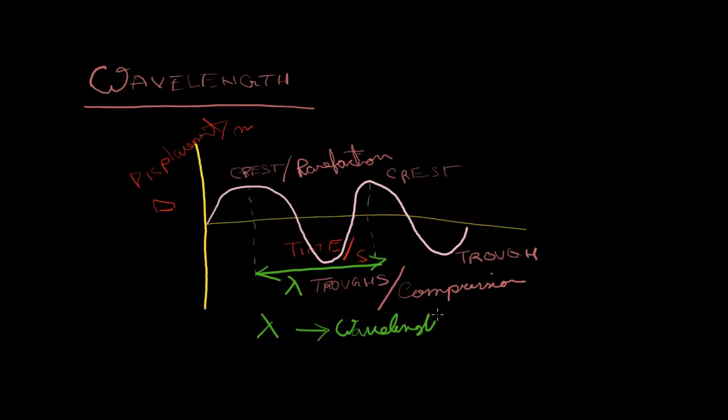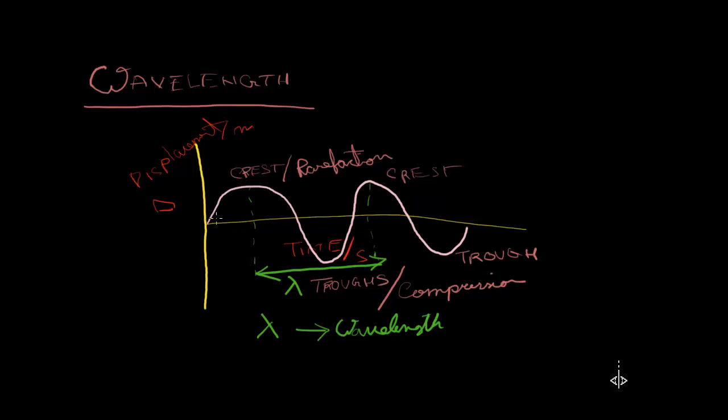Now one fact that is worth mentioning here is that the displacement time graph for a wave shows the displacement of a particular particle with time. You see, any particle will move up and its displacement will increase in the positive direction with time. So this is what happens.